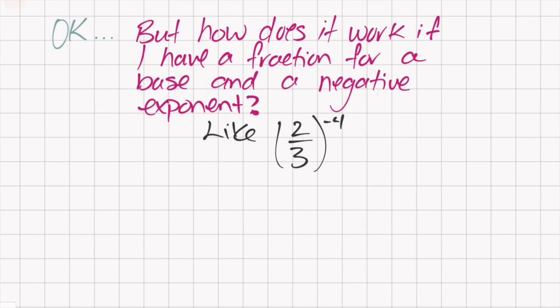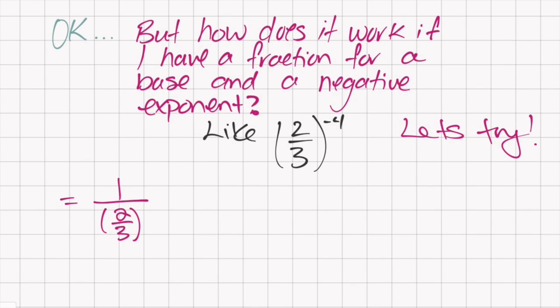Okay, but how does it work if we have a fraction for a base and a negative exponent, like 2 over 3 to the exponent negative 4? Let's try this one together to check it out. So we need to consider and complete the following. If we have 2 over 3 to the exponent negative 4, it becomes 1 over 2/3 to the exponent 4. And this is where, again, we need to keep in mind our multiplication and division of fractions.